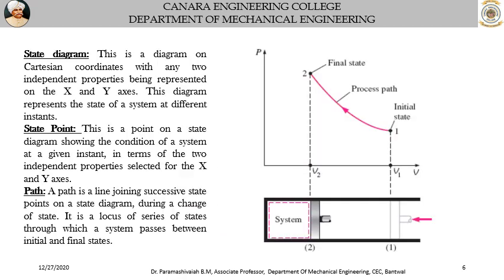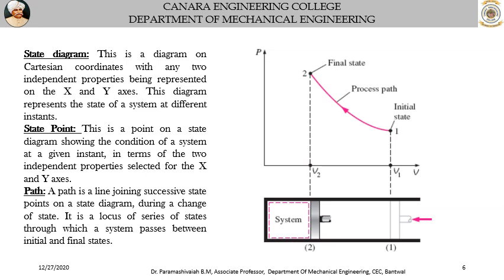Next, state diagram. This is a diagram on Cartesian coordinates. You know what is Cartesian coordinates? That is, a two coordinate system, x axis and y axis, and perpendicular to that is z axis. That coordinate system is called Cartesian coordinate system, which you have studied already in your mathematics.